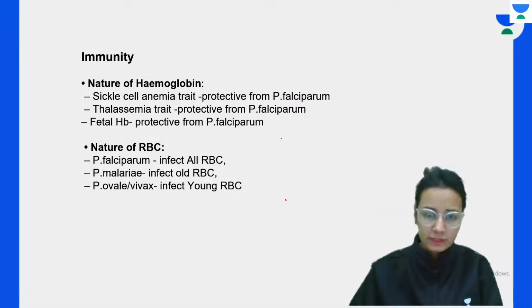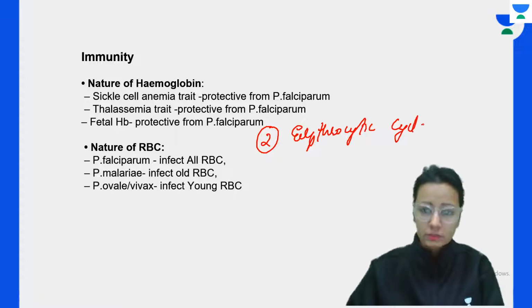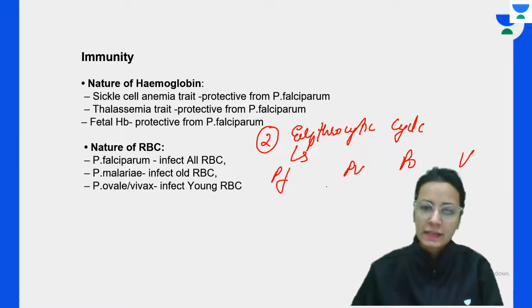Now, coming to the next cycle, the erythrocytic cycle. We have Plasmodium falciparum, then vivax, ovale, and malariae.